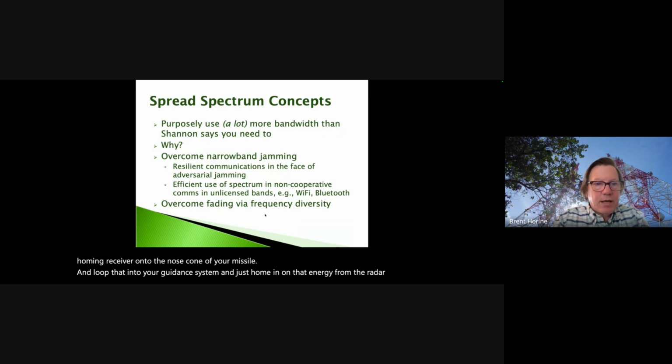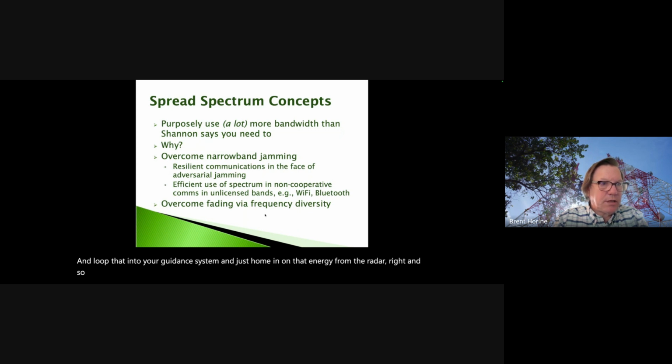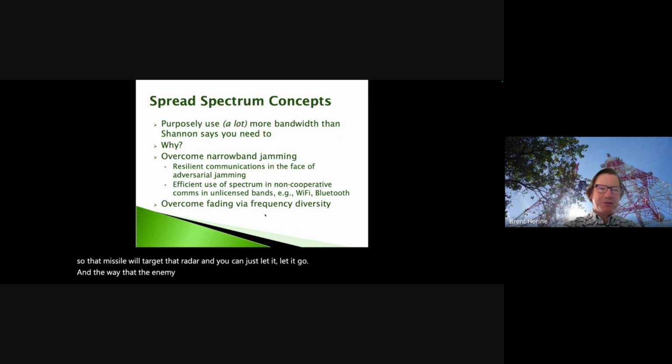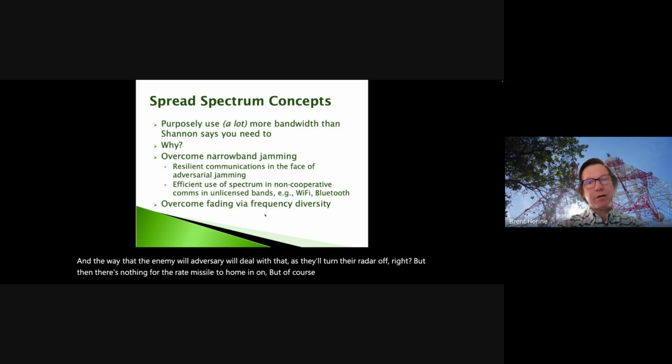And so that missile will target that radar, and you can just let it go. And the way that the adversary will deal with that is they'll turn their radar off, right? But then there's nothing for the missile to home in on. But of course, now they don't have the radar to be able to track you, right?